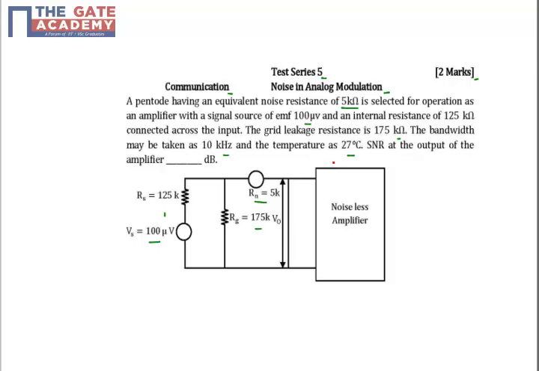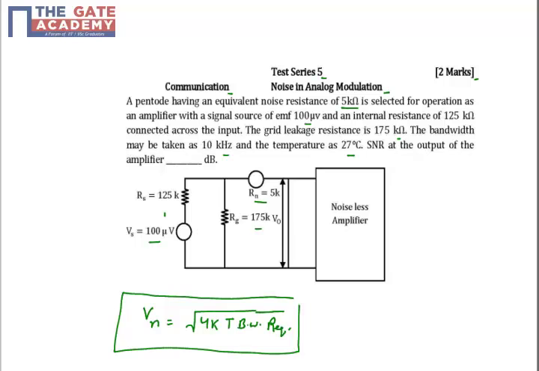So friends, we know that in case of noise, the noise voltage Vn is defined as the square root of 4kT times bandwidth times R equivalent.